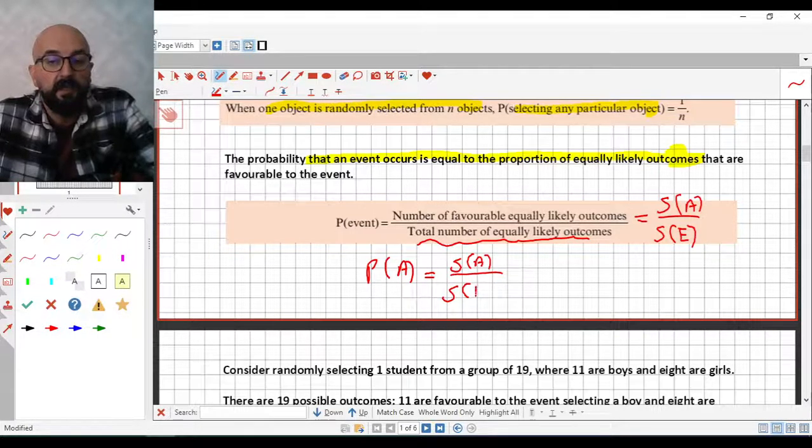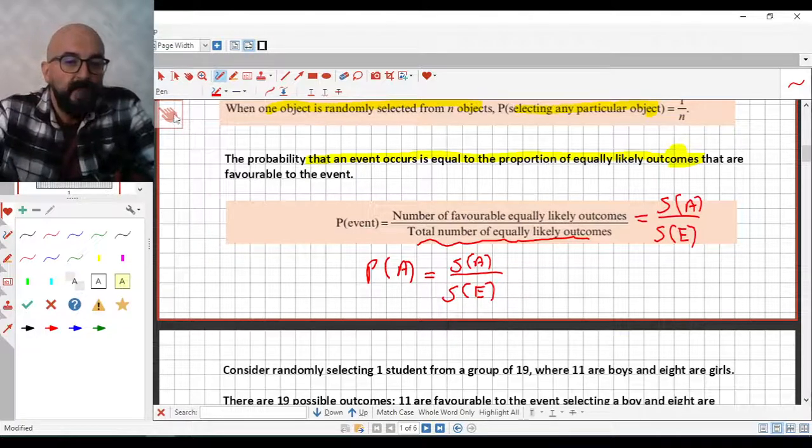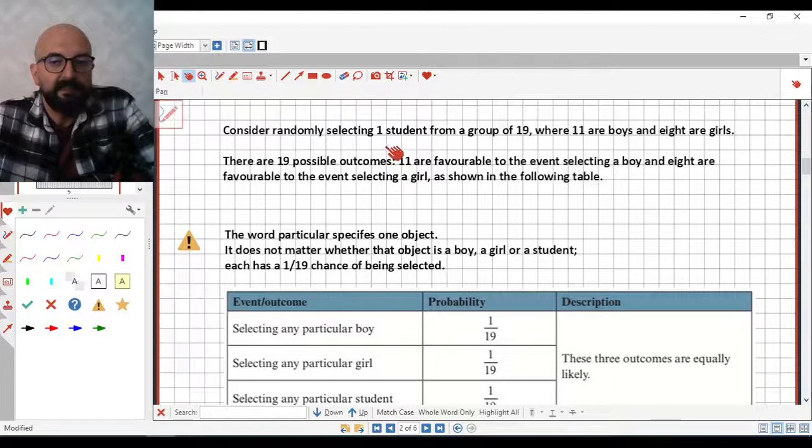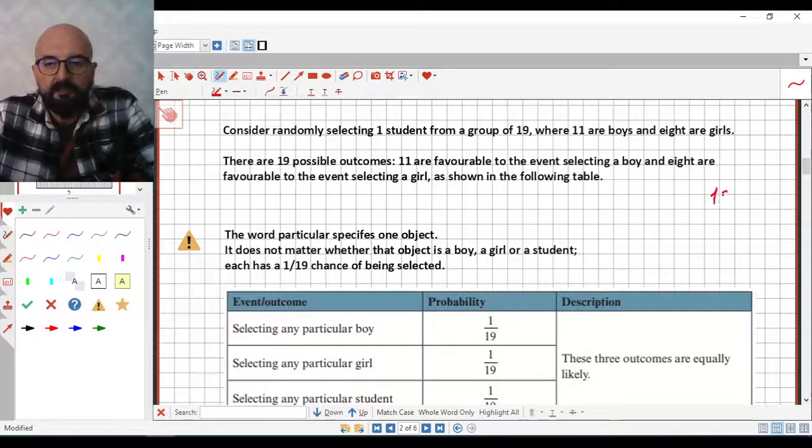Consider randomly selecting one student from a group of 19 where 11 are boys and 8 are girls.